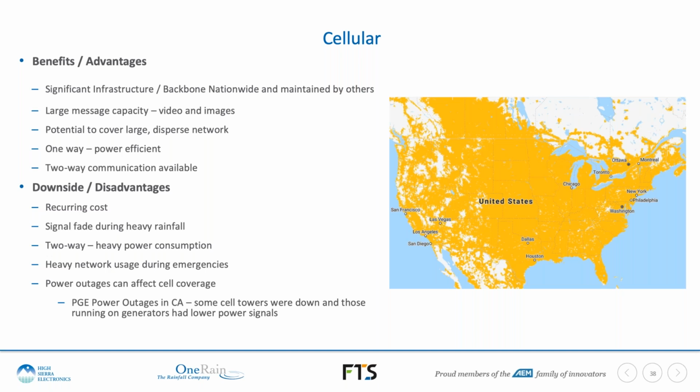So that demonstrates there's significant infrastructure in place already. So there's a nationwide backbone of communication that's installed and maintained by others. So that's one of the things you're paying for. You're not having to put in your own infrastructure network.